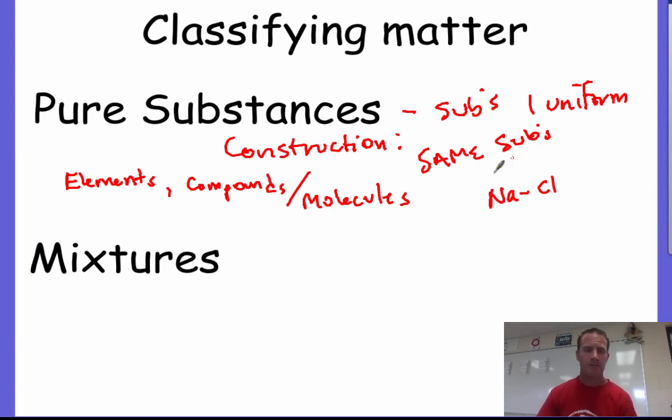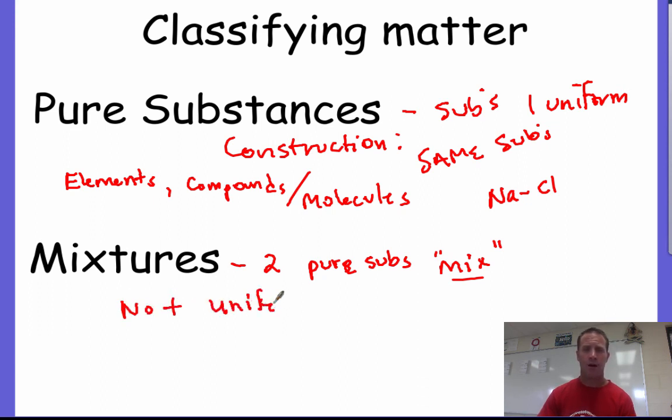Mixtures are different. A mixture is a physical change where you take two or more pure substances and you mix them. It's hard to not use the word mix to talk about mixtures, right? But you mix them together, and so it is not the same substance. It's not uniform throughout.